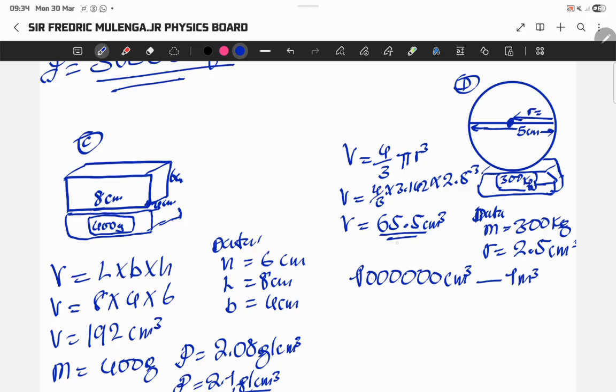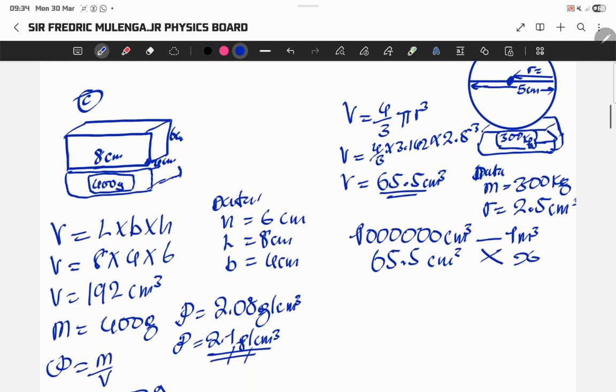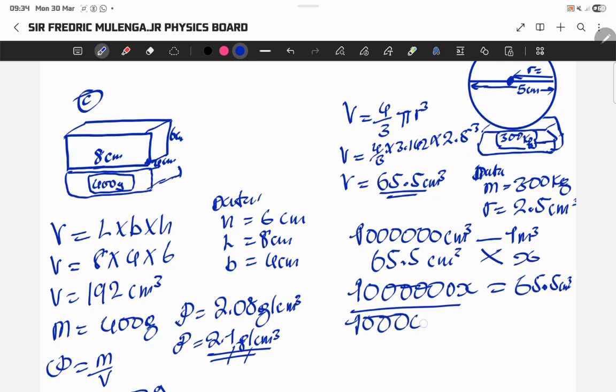So what about the 65.5 centimeter cubed we have? We'll let it be x. x times 1 million is just 1 million x, and 65.5 times 1 is just that number. To remain with x, we divide both sides by 1 million.